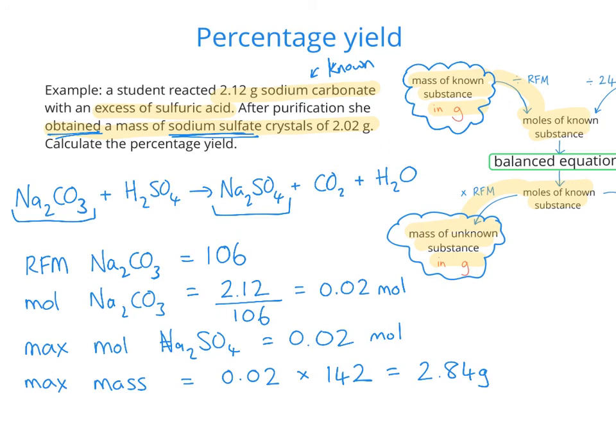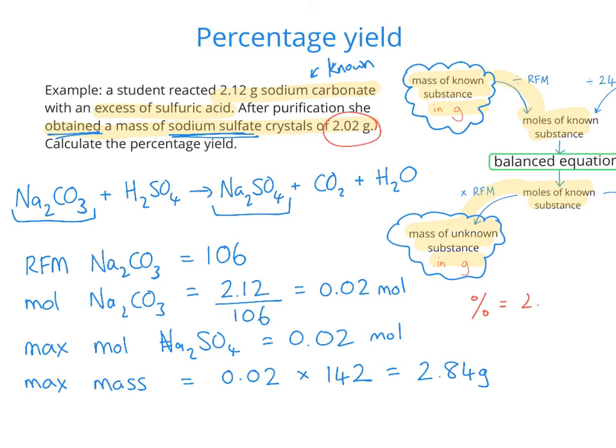Not normally 100% because we normally lose stuff while we're filtering and crystallizing and all the other stuff we would do in this experiment. So my percentage yield, which I've just got space to do over here, is going to be my actual mass. Got to go back and get that.